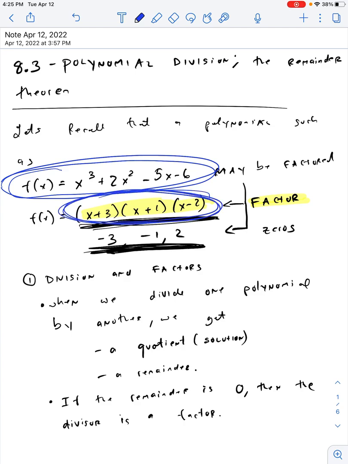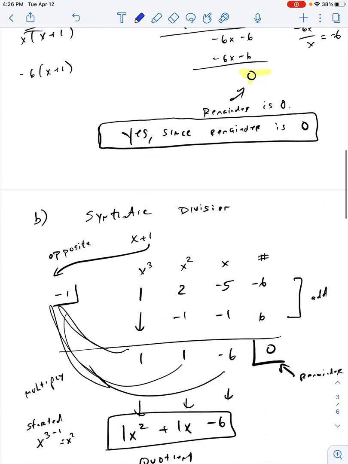Therefore, all of them will give us remainders of zeros. So can we do this a different way? Can we apply these a different way? Can we just evaluate them? I think that is a possibility as well. I think that we can evaluate them to get answers. So let's take a look. Let's try one of them out, okay?